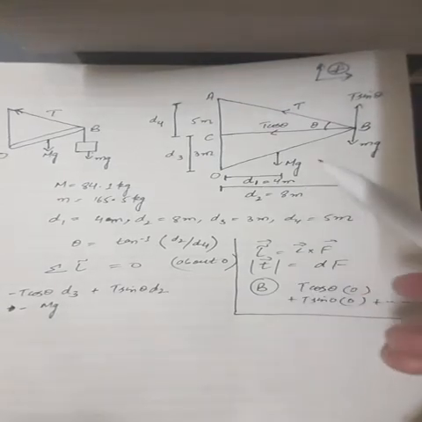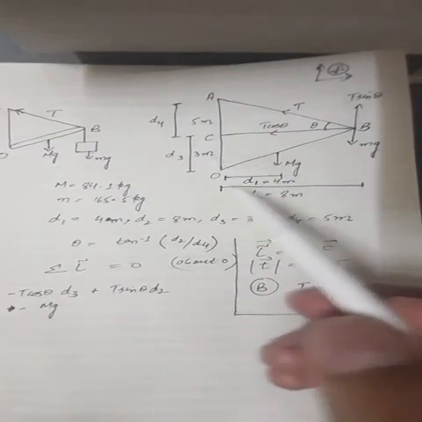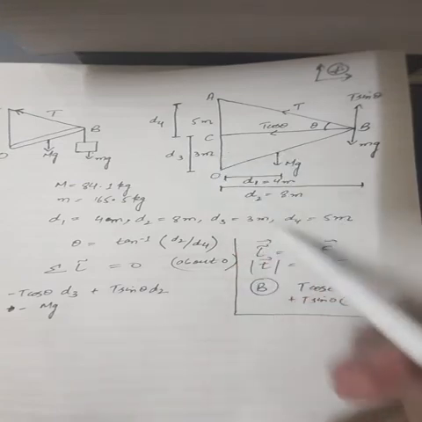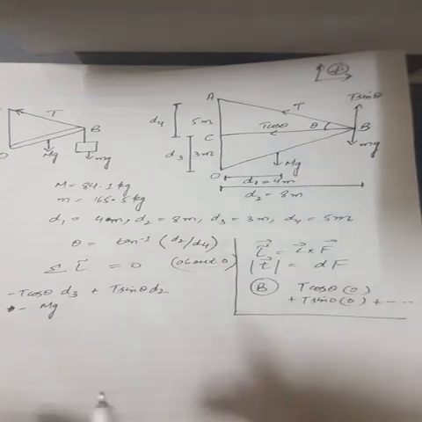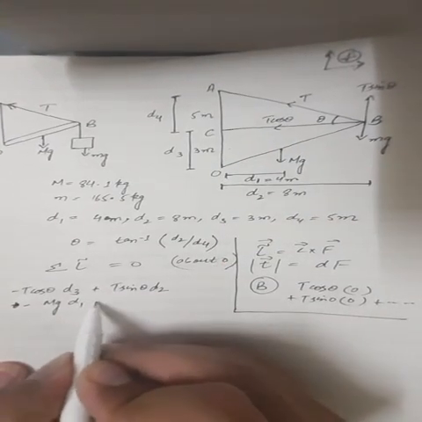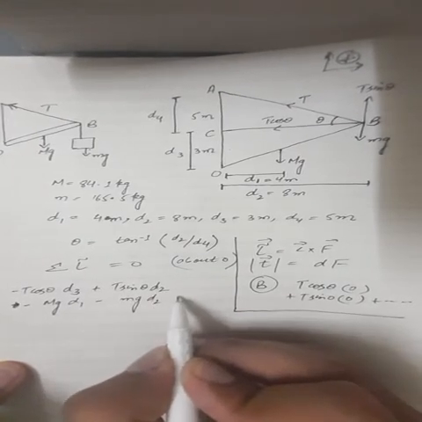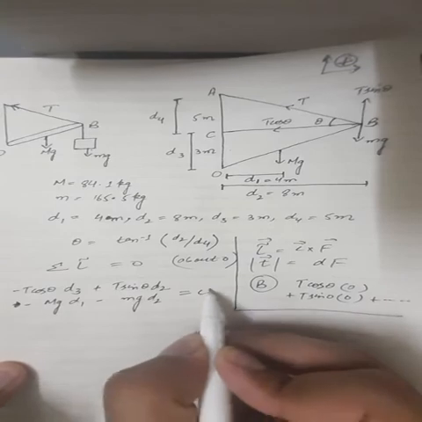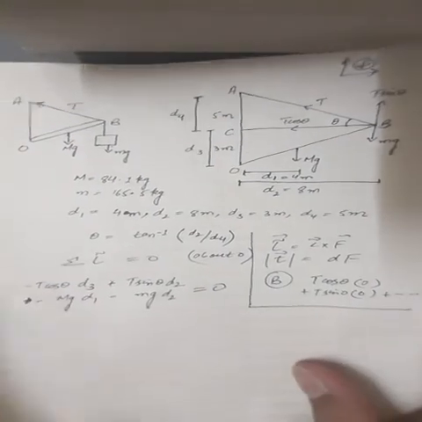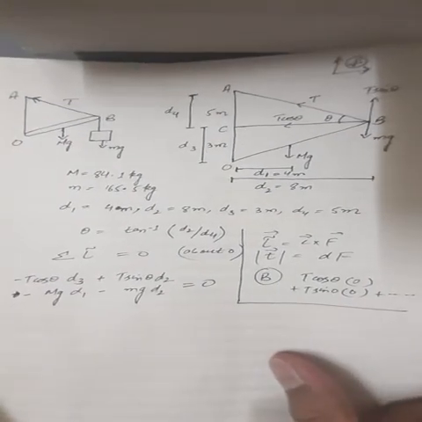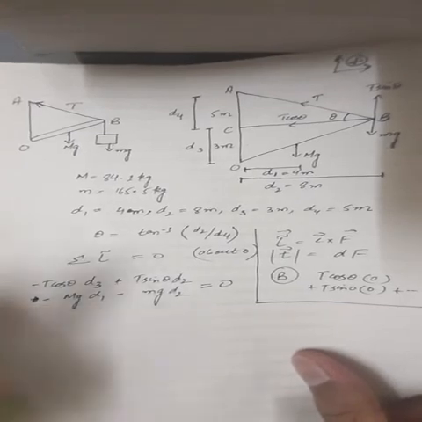What's the distance from capital Mg? That's d1, the perpendicular distance, right? Mg is downwards, the perpendicular distance from, that's d1, and then minus mg d2, and all of them amount to 0 by virtue of this equation. Okay, so far so good.